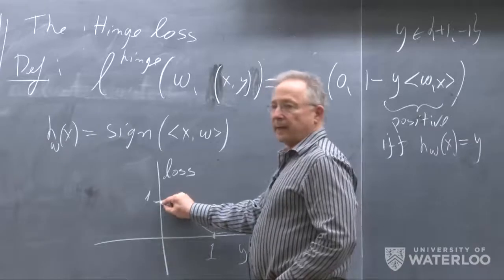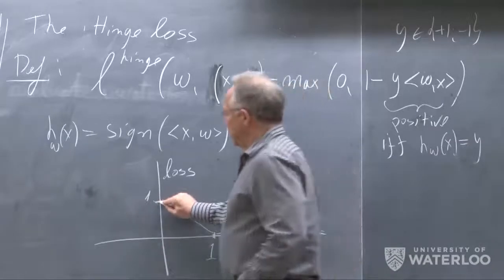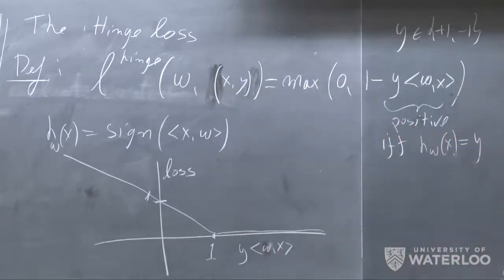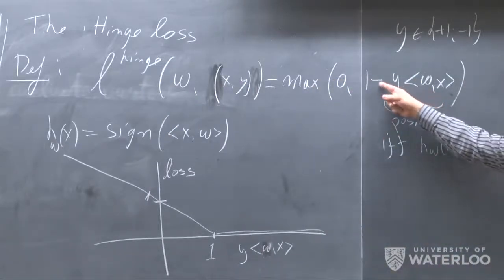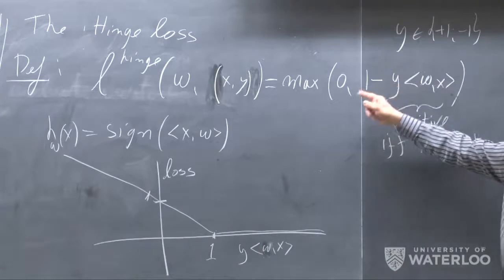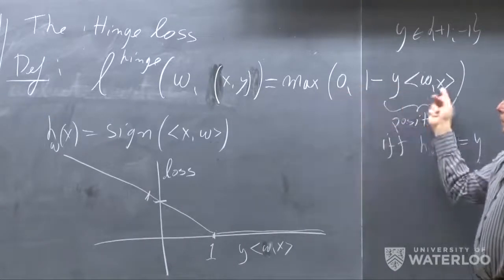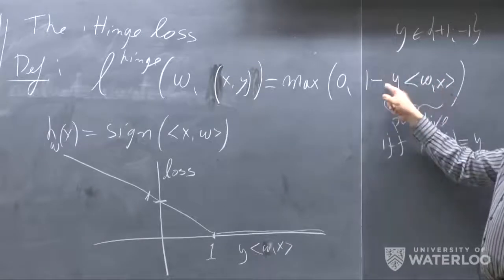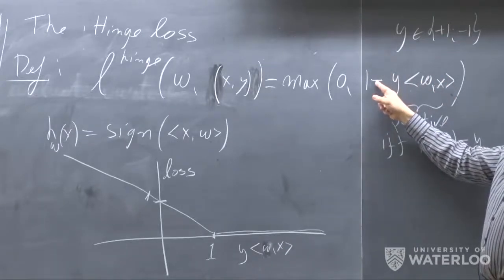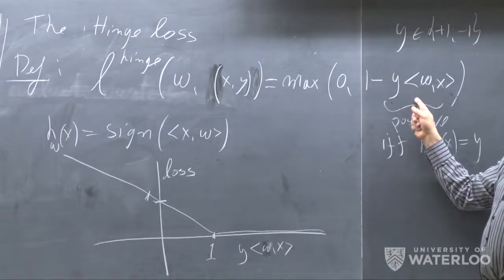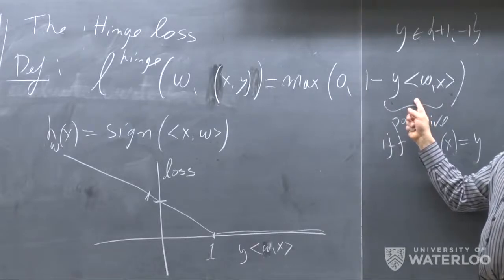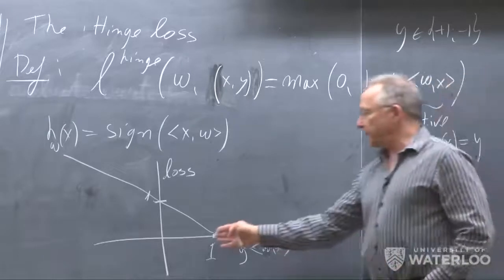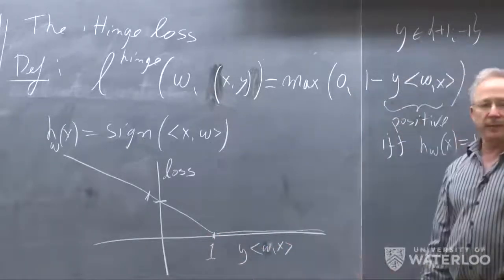And once I'm making a mistake, this becomes a plus. So my loss is more than 1 because I get here a plus. This is negative if I made a mistake, and with this minus, it becomes a plus. So my loss is more than 1 when I'm making a mistake. And when I'm not making a mistake, my loss becomes 0 if this product is big enough.